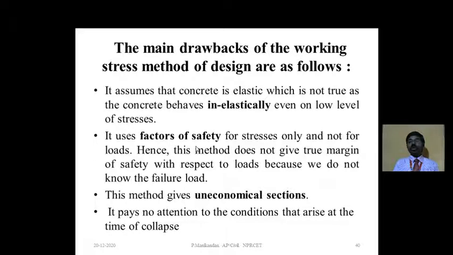We all know that concrete is strong in compression, weak in tension. Here they have applied the factor of safety to the stresses, not to the loads.